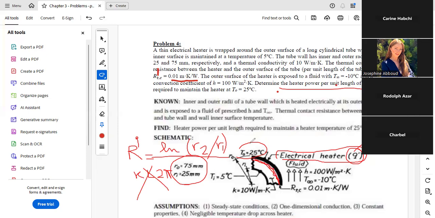They gave us the temperature to maintain at the outer side of the tube, and at the inner side the maintained temperature is 5 degrees. We want to solve for the value of Q prime, so we need to draw the circuit. This is a source term, so it will be dissipated in two directions: one part to the outer side and one part to the inner side. And first, to the outer side, what is the type of resistance faced?